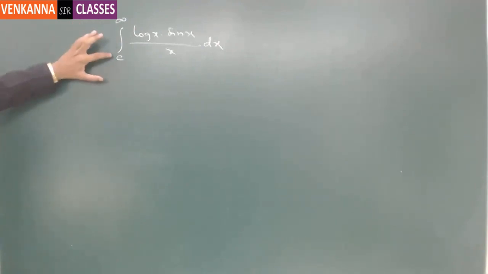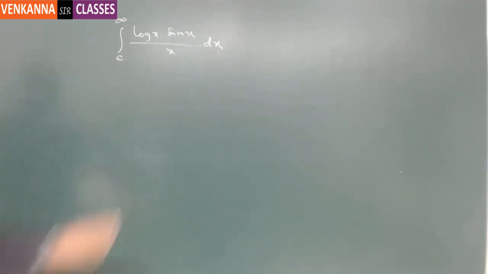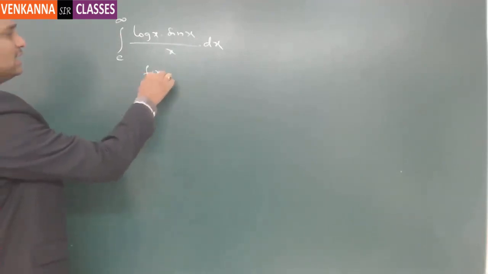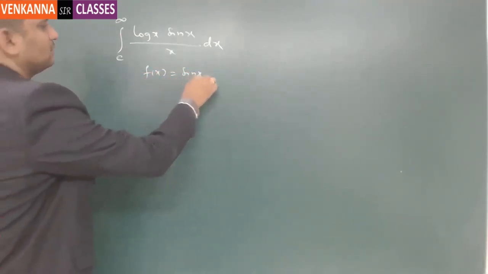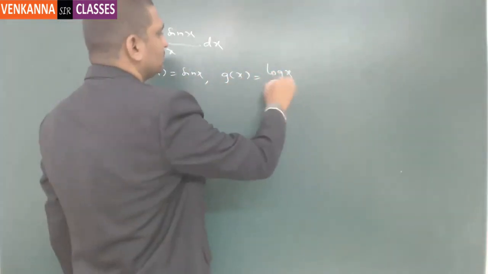Here it is a fixed number e. e takes the value 2.718. Now, on seeing this, if you want to apply Dirichlet test, we need to separate which one will be taken as f and which one as g. So let us take f of x is equal to sin x and g of x is equal to log x by x.